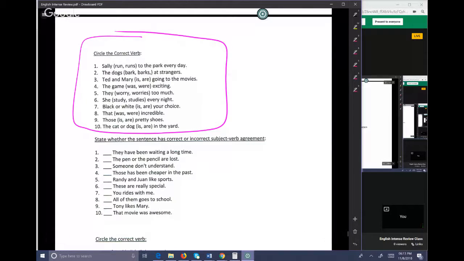So Sally is singular. So Sally runs to the park. We have an S in one place or the other, or we have a plural indication in one place or the other.